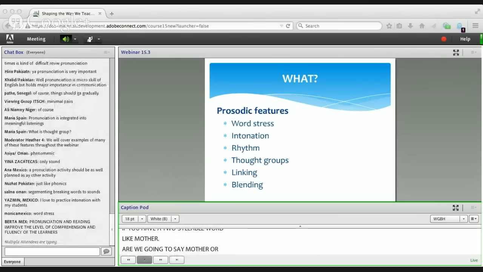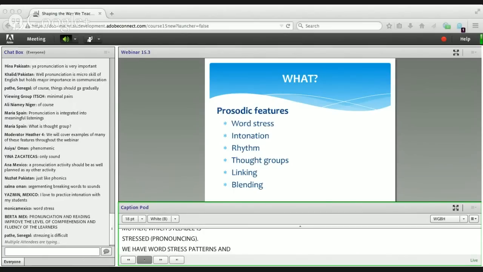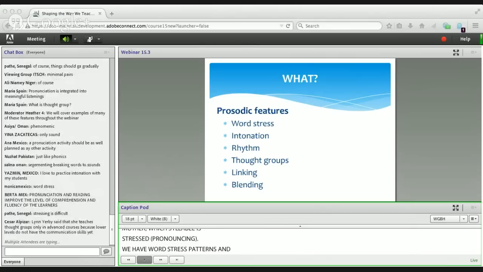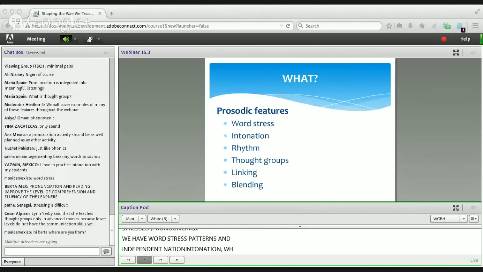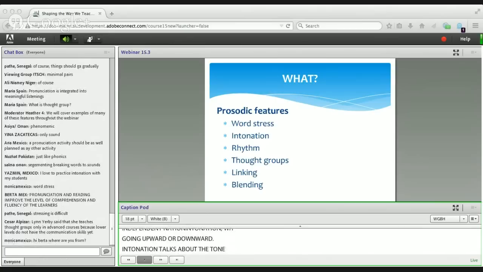We have intonation, which means is the tone or the pitch rising, going up, or falling, going down? Intonation talks about the tone and the pitch of the language. Then we have rhythm. Rhythm is the melody of the language.